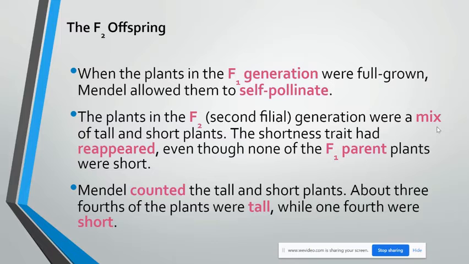So that shortness trait had reappeared even though none of those first generation parent plants were short. They had all been tall. But now in their second generation, they were short again. So through this, Mendel counted the tall and short plants, and about 3/4 or 75% of those plants were tall, and 1/4 or 25% was short.